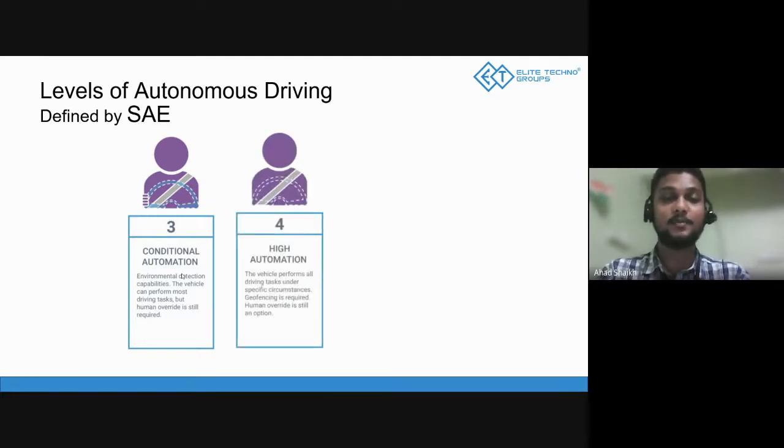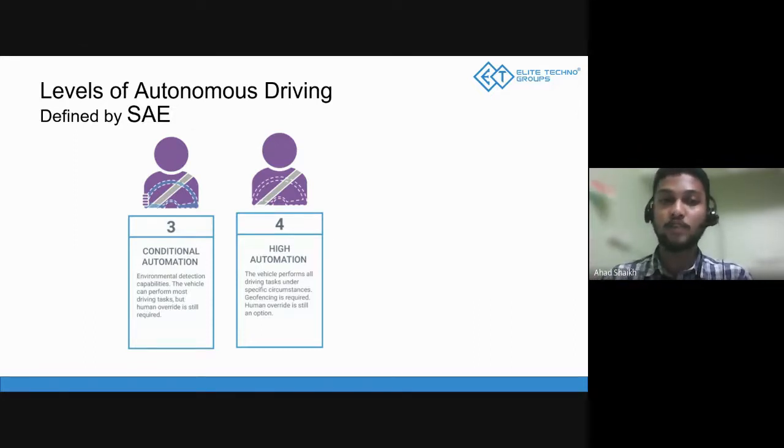And there comes high automation. It's very interesting that at the fourth level, the vehicle can drive completely by itself. You don't even need to touch your steering. But why is it level 4 and not level 5? Because in certain conditions, situations can come where the human has to take control of the vehicle, like in some area whose GPS or exact data is not available in the vehicle.